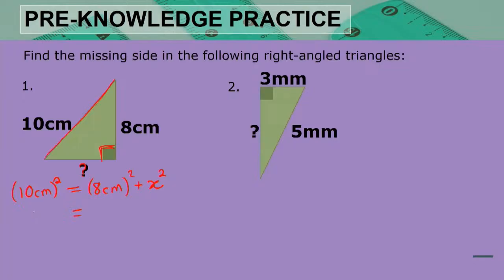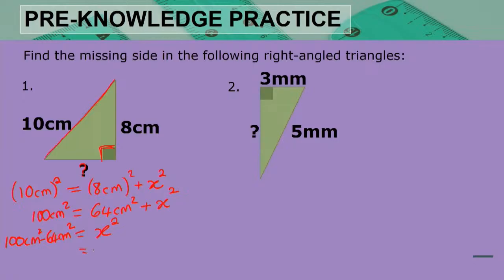10 squared is going to give us 100 centimeters squared, because 10 times 10 is 100. And then 8 centimeters squared is going to give us 64 centimeters squared. And of course, we have that unknown there. Because we are looking for our x, we are going to take this 64 centimeters squared and subtract it from the 100 centimeters squared.